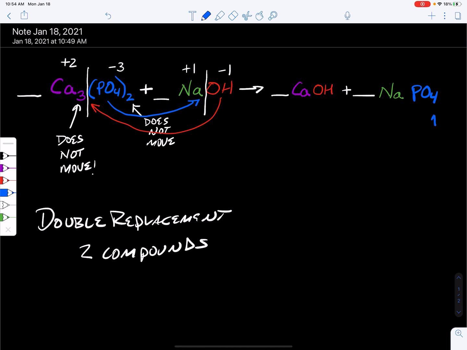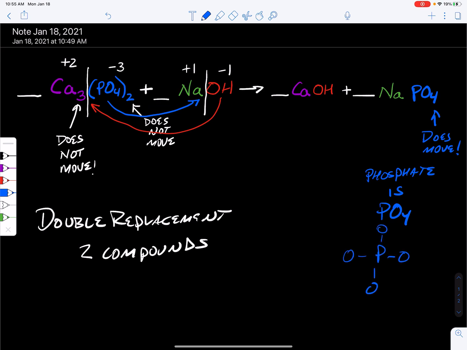Please note that 4 does move because phosphate is PO4. It's 1 phosphorus with 4 oxygens, so it has to move. Whereas on the left side, where I said does not move for the calcium and does not move for the 2 outside of the parentheses, that's because those numbers are there to balance each formula.